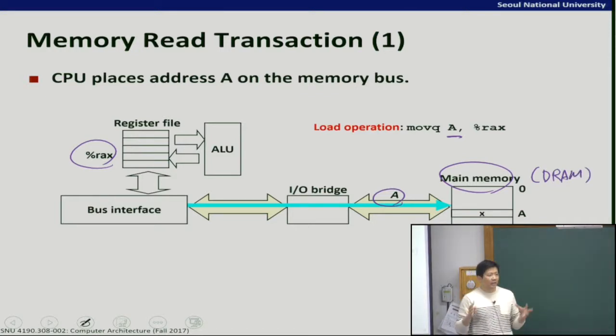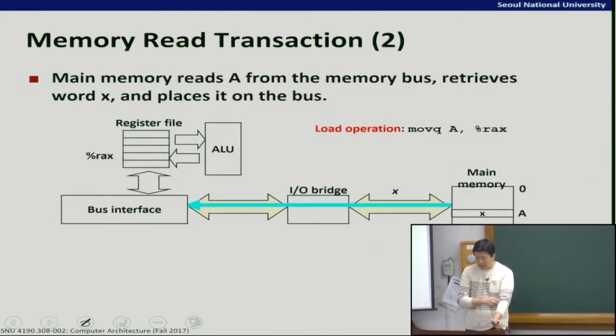Of course, this address A will be broken down into a row address and a column address, so you have two steps. You first specify the row address followed by the column address, right? So you send these two pieces of address.